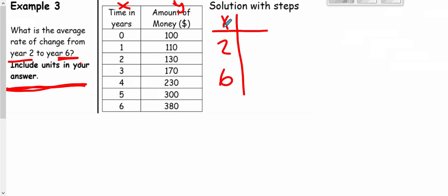So I have my x and my f of x. So what would be the output value for an input of 2? Well, 2 and 130. What would be the output value for 6? 380.